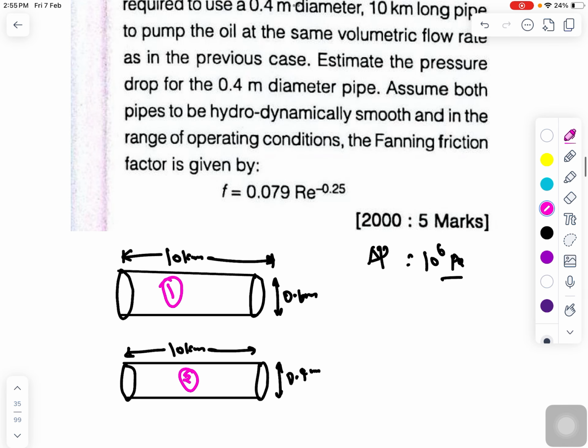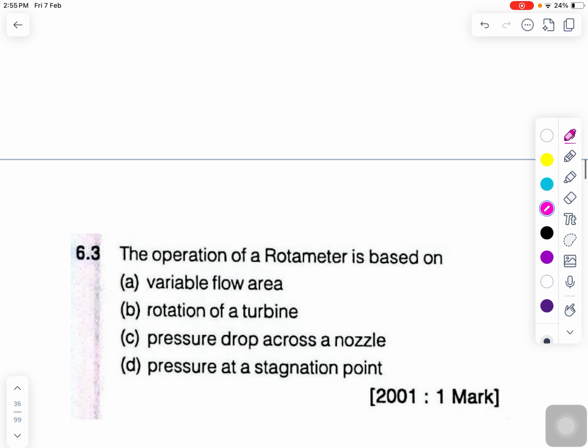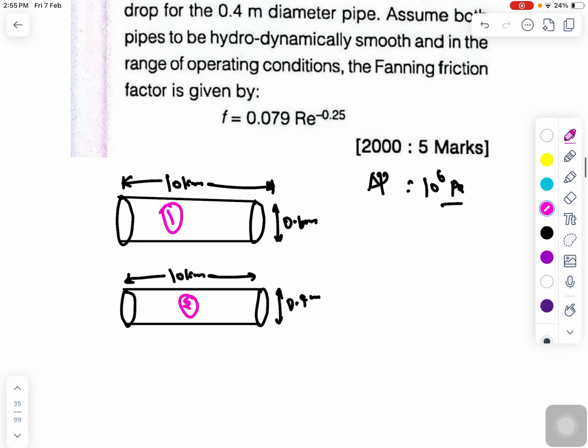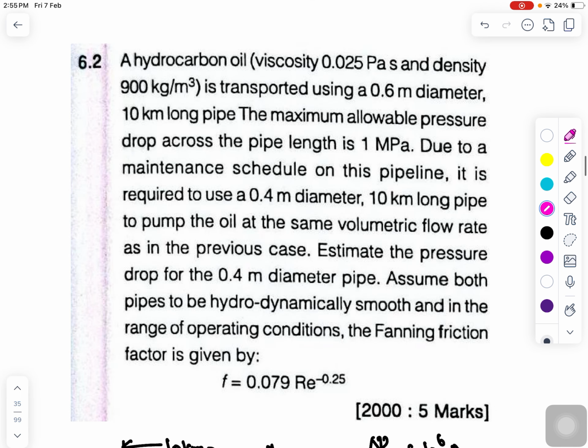Assume both pipes to be hydrodynamically smooth and there is a range of operating conditions. The friction factor is given by this one. Estimate the pressure drop for the 0.4 meter diameter pipe. Since we are talking about pressure drop, viscosity is also given to you, and Reynolds number.